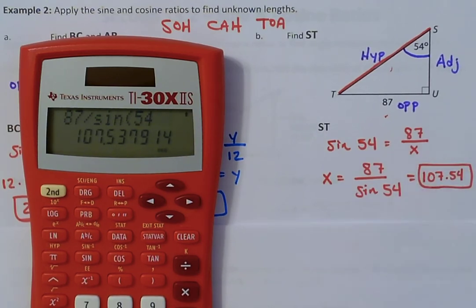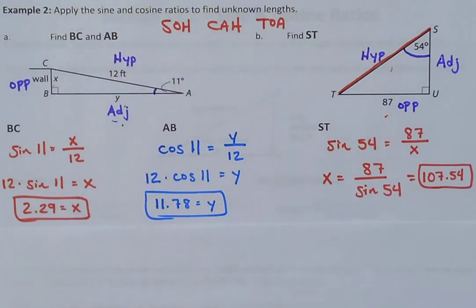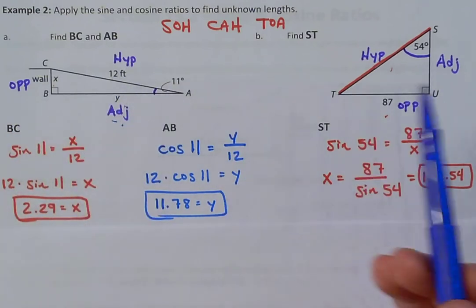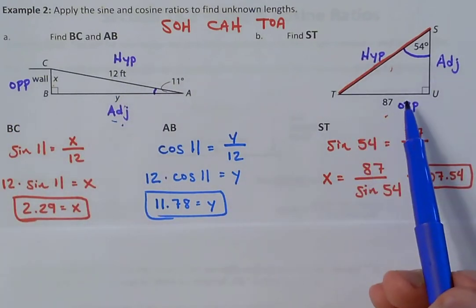for the length of ST. So the key thing when you get to problems like example 2, and they want you to use the sine and cosine ratios to find unknown lengths, first of all, use your reference angle to indicate what the opposite, adjacent, and hypotenuse are for your triangle.